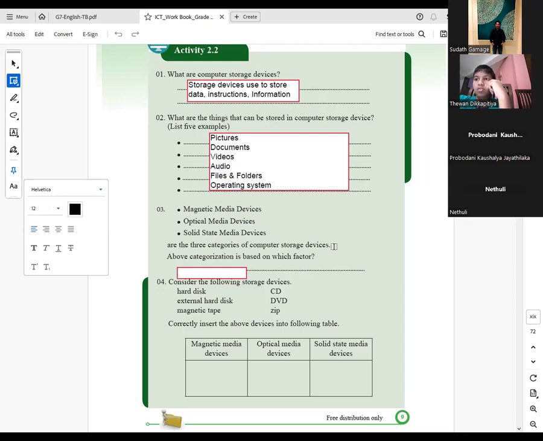Right, so it is categorized according to the manufacturing technology of these devices.